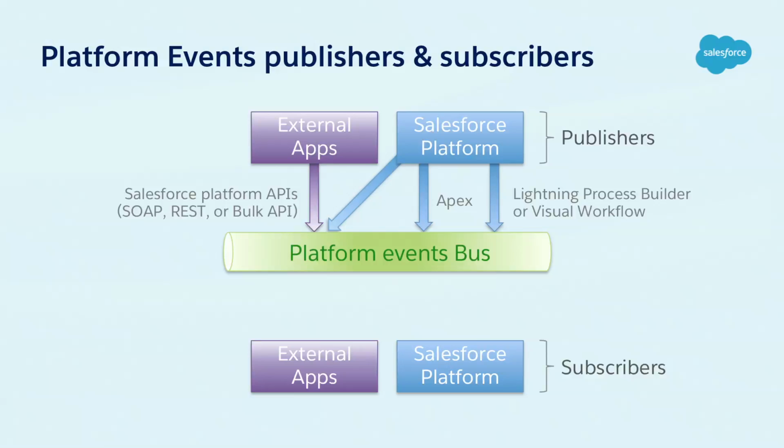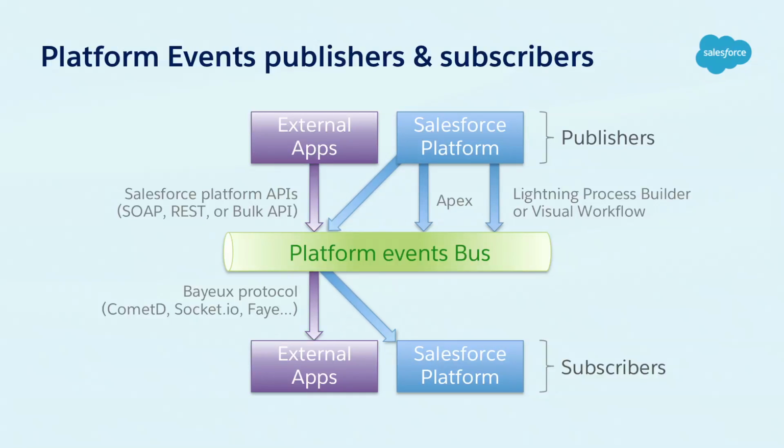Now, let's look at the receivers and subscribers. We can subscribe to platform events from external apps, or we can also use the platform to subscribe to platform events. If we're using external apps, we have to use code to receive platform events. We have to use a Bayeux protocol client. There are several implementations of this protocol available.